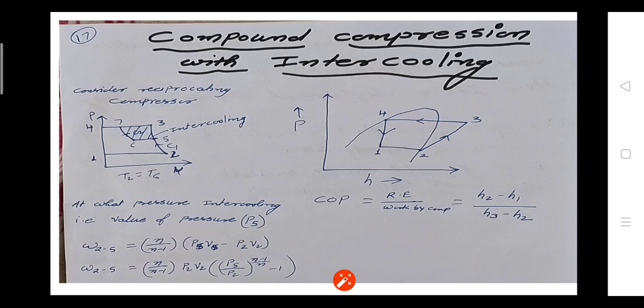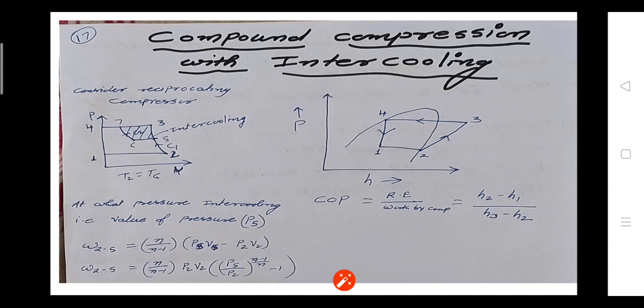At point 5 you have to cool the refrigerant up to the initial temperature, that is T6 equal to T2, the initial temperature when entering the compressor. That's why it is called intermediate cooling, or intercooling. And then again we compress from 6 to 7, up to the final pressure.